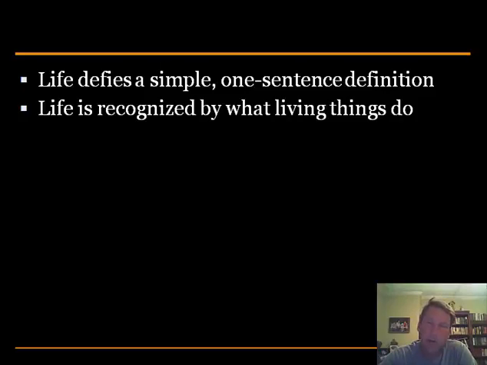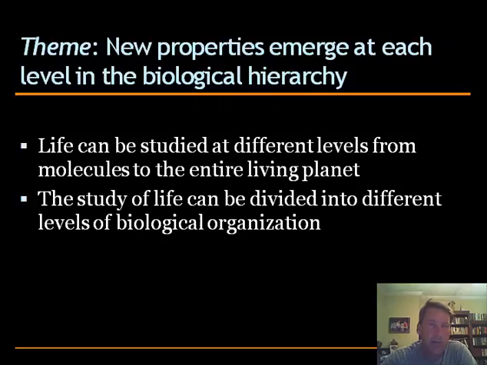So if you're following along in your outline, and I recommend doing that, there's an outline that goes along with the lectures here. In that outline, we look at these different levels of biological organization. And in these, we can say that basically life can be studied at different levels, all the way from the small to the large.